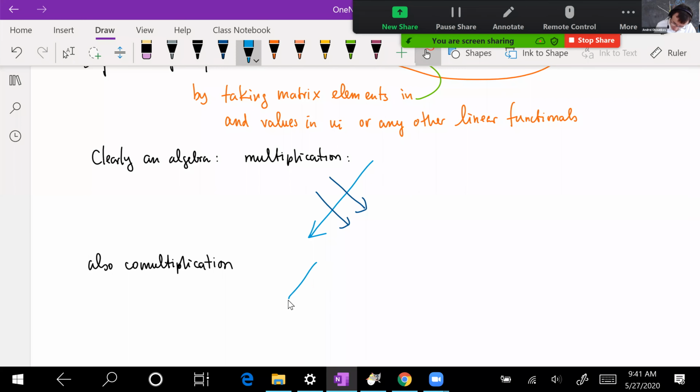Well, I compose my M matrices like this. And so then if I take one matrix element, I get two operators. So this rule actually needs a bit of discussion.